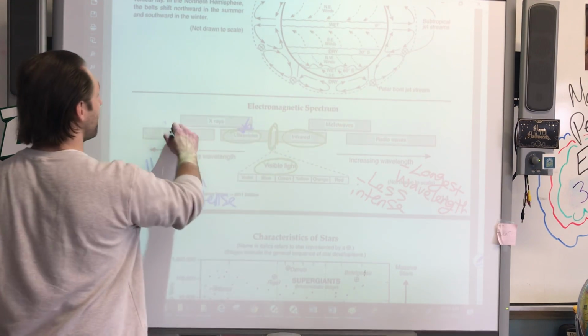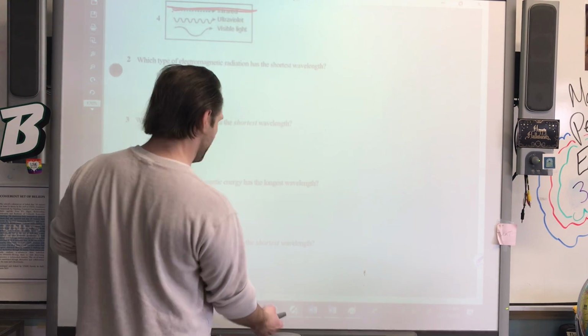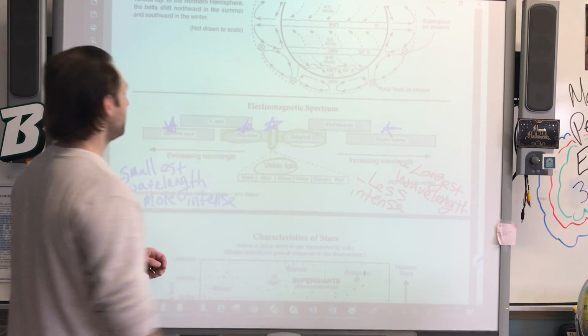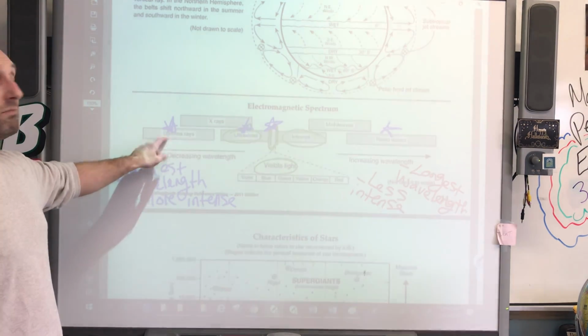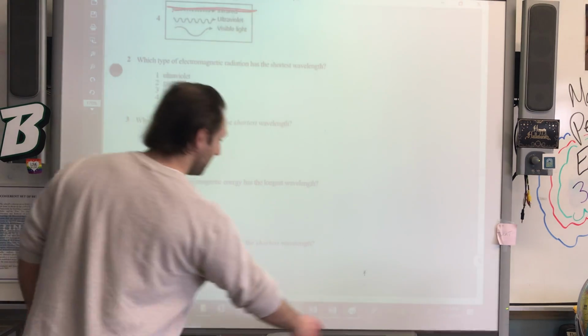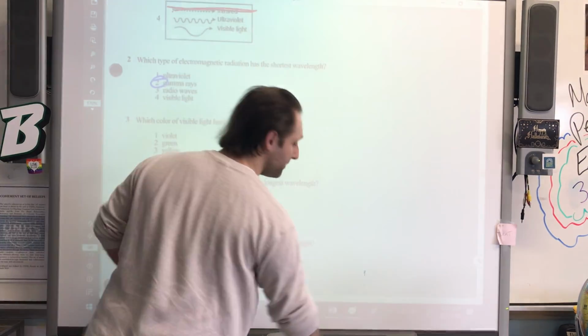Ultraviolet, gamma rays, radio, and visible light. Looks to me like gamma. Gamma is the furthest one over. So in this case, I will choose gamma rays.